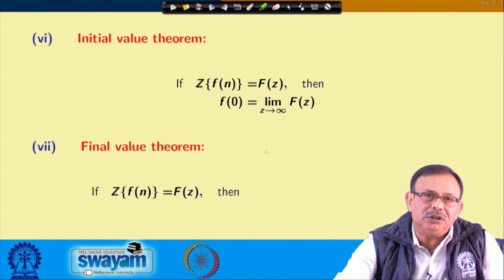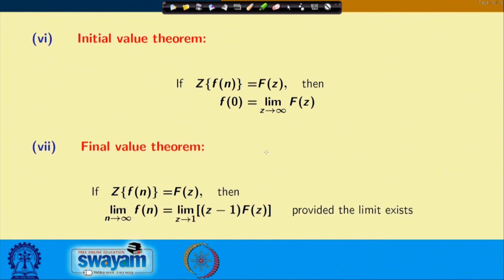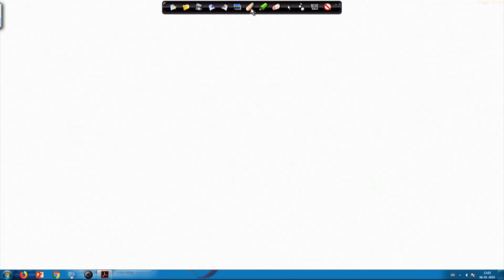If the Z transform of f n equals F z, in that case the limit as n approaches infinity of f n equals the limit as z approaches 1 of z minus 1 into F z, provided the limits exist. So, let us give the proof of this.